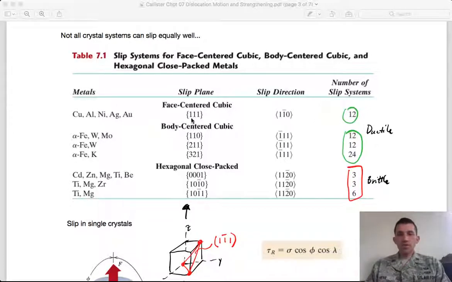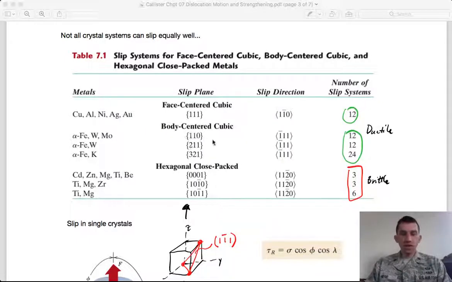And so there are many crystallographically equivalent combinations of these, giving a total of 12 slip systems, right? So there's lots of directions and planes to slip on, and also there are plenty of directions for body-centered cubic as well. It's not a close packed crystal structure, right? But there are dense atomic planes and there are close packed directions, right?